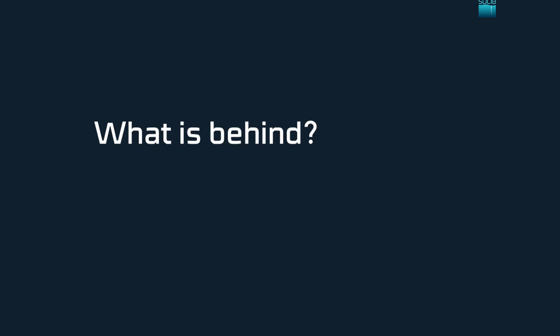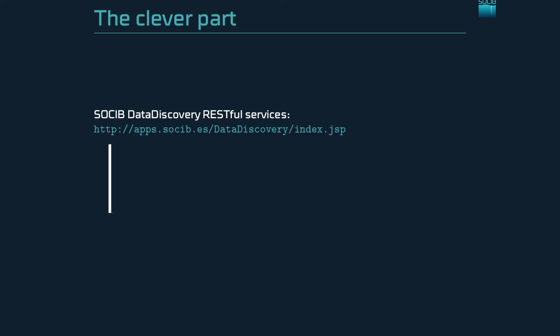So what is behind, I think, is what I will call the clever part of the application. It's the system which is called data discovery. So basically, we have our database, and on top of that, we build some services. That means any user, any developer, can connect to this application and say, I want all the data from this station during this time.